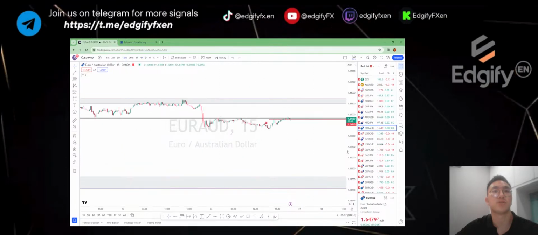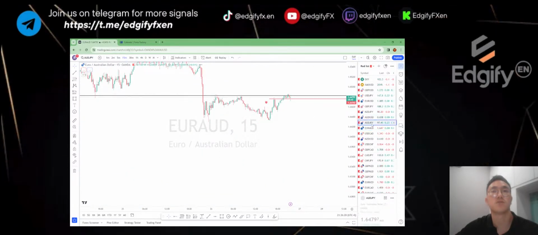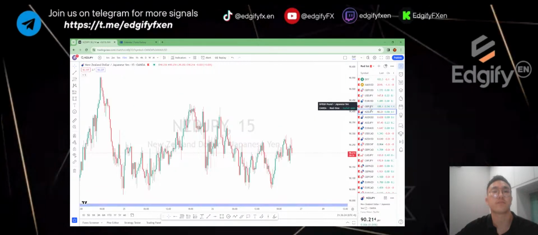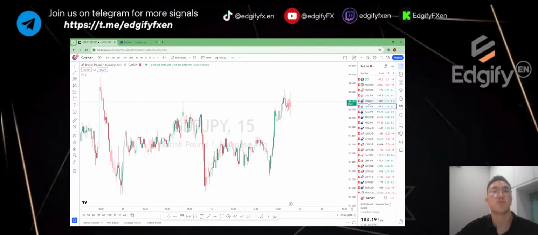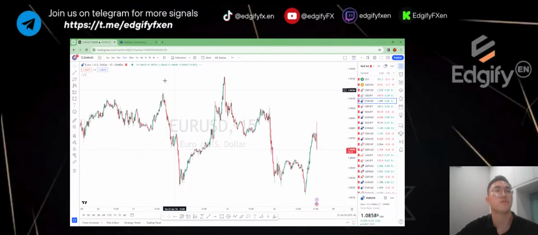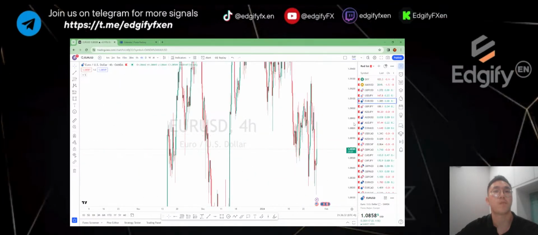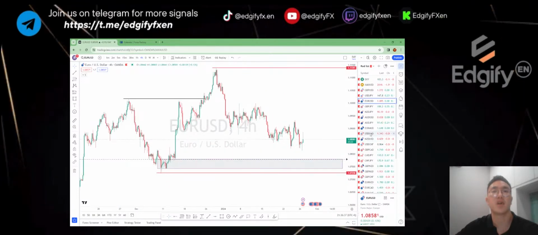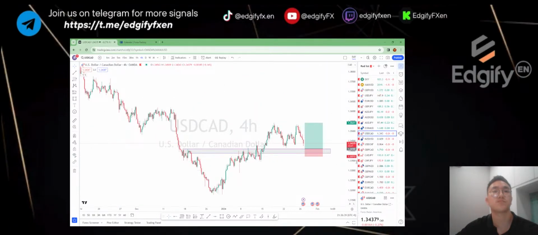So Euro AUD also is not breaking below. Yeah, so today I think we won't be having any trades, as the price is not going to where we want it to be.